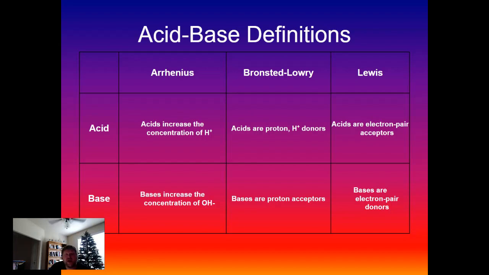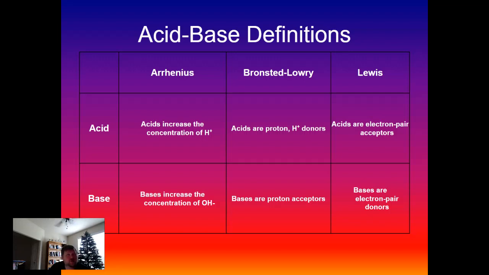And so an acid will give that proton, in other words, it will give the H to the base. And Bronsted-Lowry said a base is a substance that will take that proton from the acid and thus become a proton acceptor.